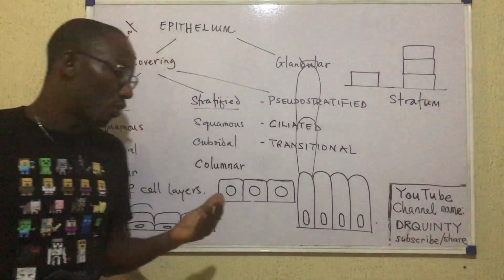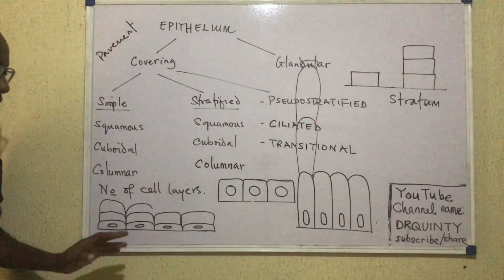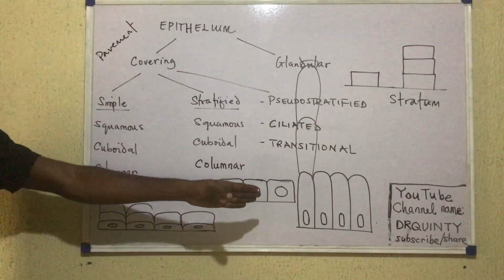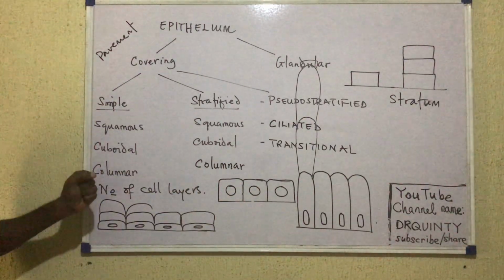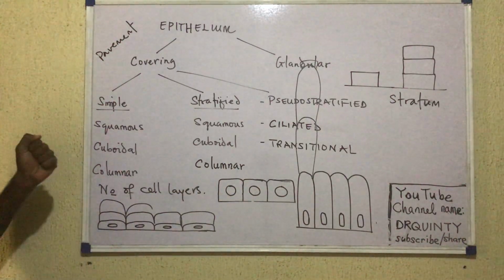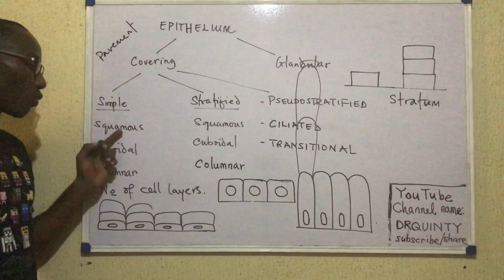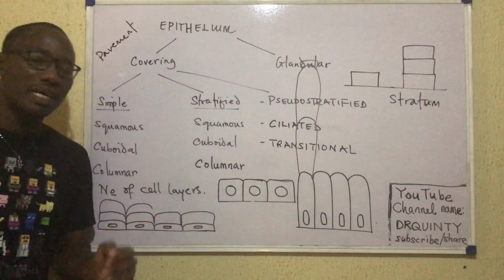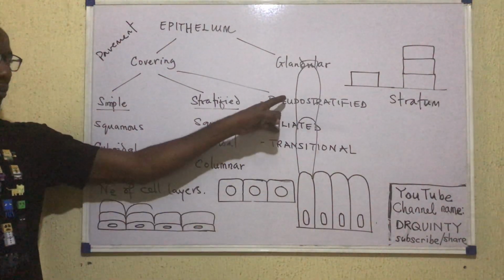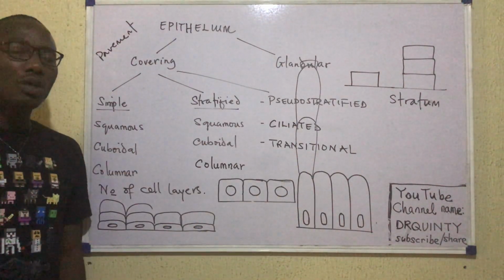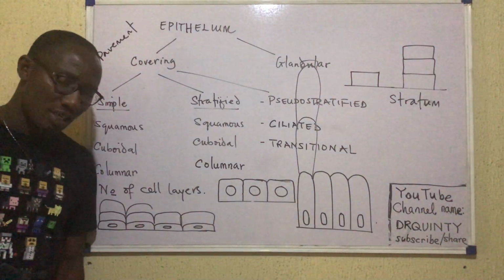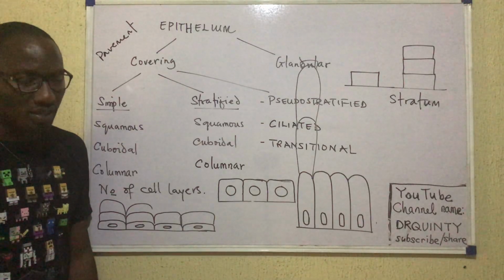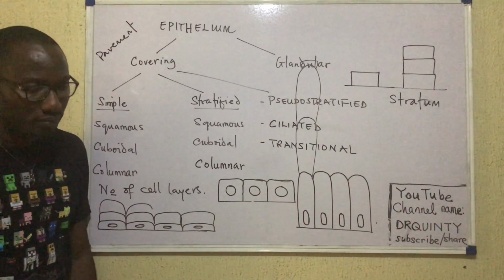So somehow we have seen the difference between simple epithelium and stratified epithelium. And I said whether for simple or for stratified, you would always have squamous, cuboidal, and columnar as the three types. Before I talk about those special ones, one question we could ask ourselves is, where can we find these different types of epithelia that we have mentioned?